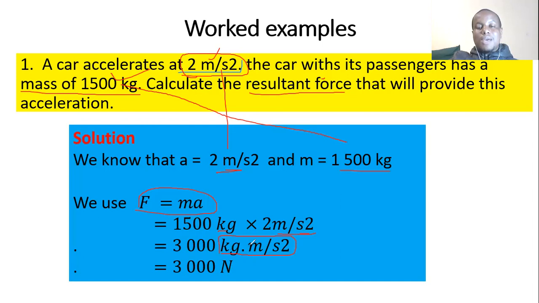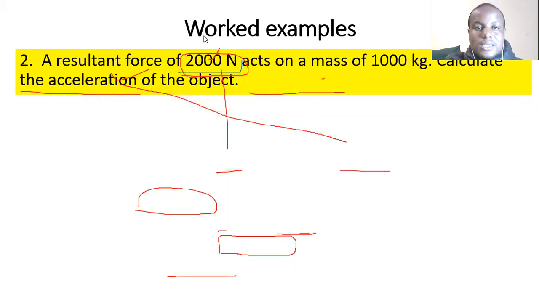It's derived from mass, length, distance, and time. So it's a combination of 3 different quantities. Then our answer is going to be 3000 newtons.